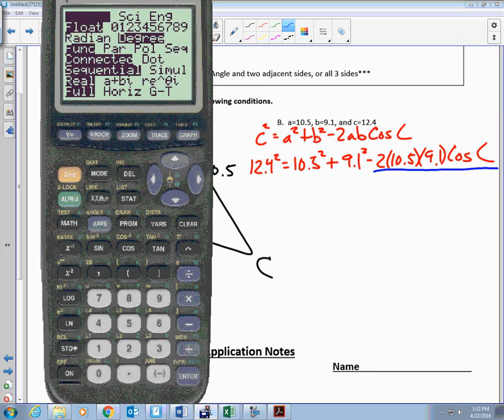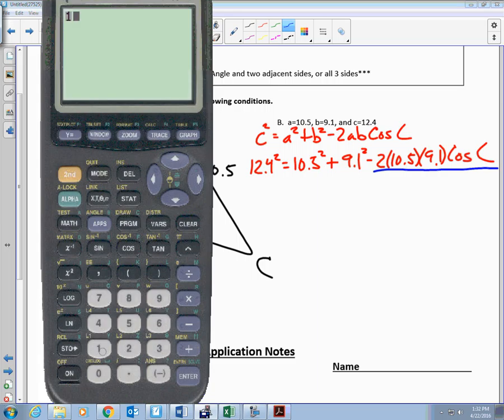Turn on your calculator. Make sure you're working in degrees. 12.4 squared. I've got 153.76. 10.5 squared, 110.25. 9.1 squared, 82.81 minus, and then all that stays together.